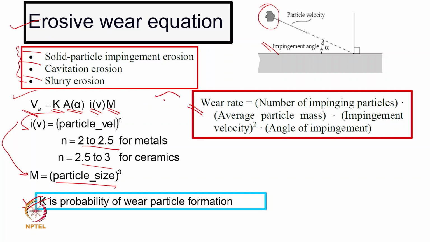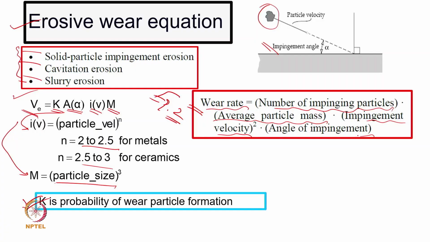Now coming to equation 2, again as I say, in literature there are many equations. What they mention here is that the wear rate is equal to the number of impinging particles. So they are counting the number of particles which are impacting the surface, the average particle mass, and the velocity of the average particle, or maybe velocity squared. So basically they are looking at the force and angle also.